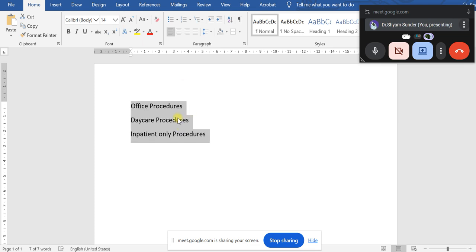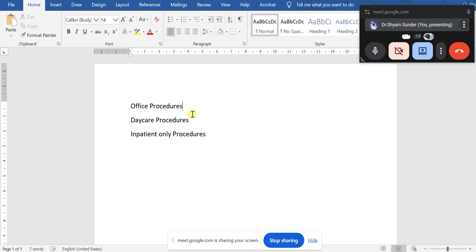What do you mean by office procedures? Those done in the clinic, within 10 or 15 minutes, maybe under local anesthesia or without anesthesia. They are all office procedures.